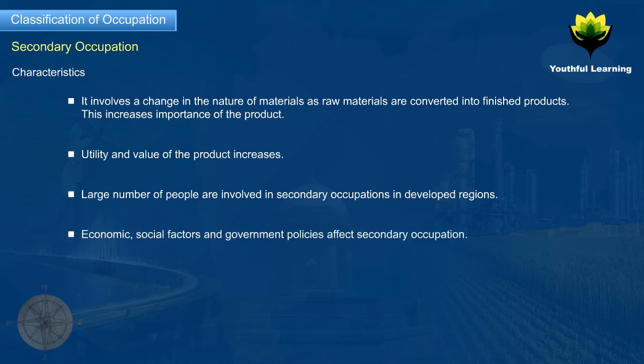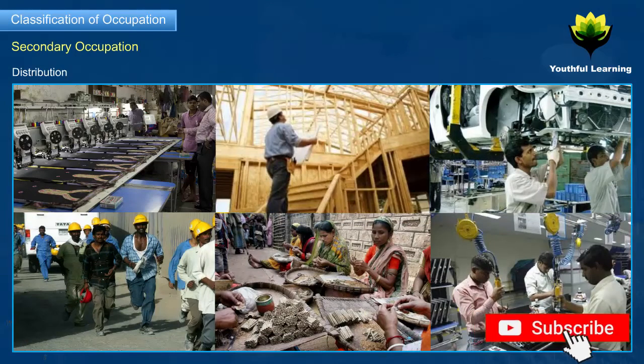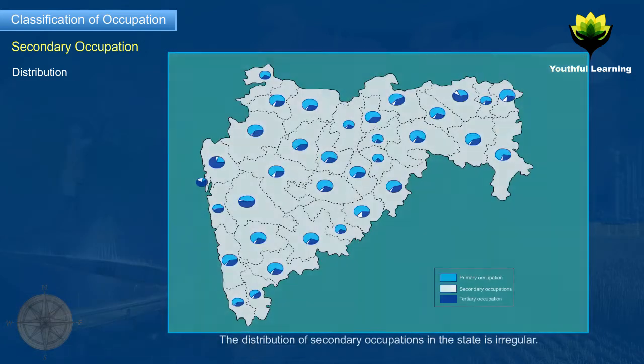Economic, social factors and government policies affect secondary occupation. Distribution. Secondary occupations have contributed significantly to the economic development of the state. We can observe from the map that the distribution of secondary occupations in the state is irregular.